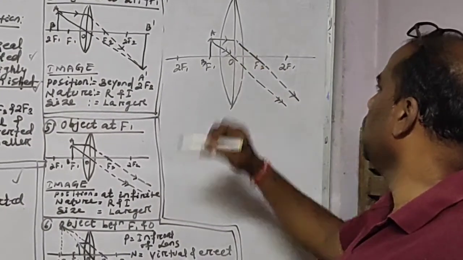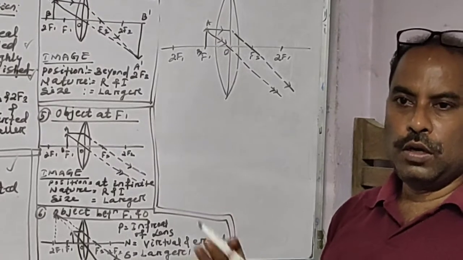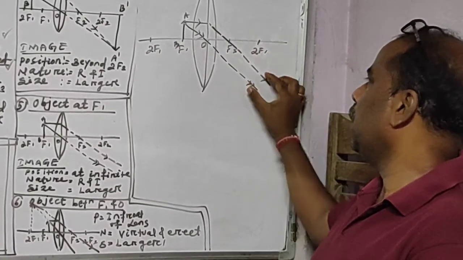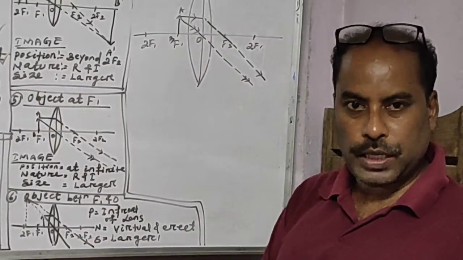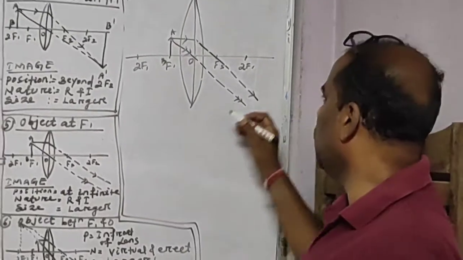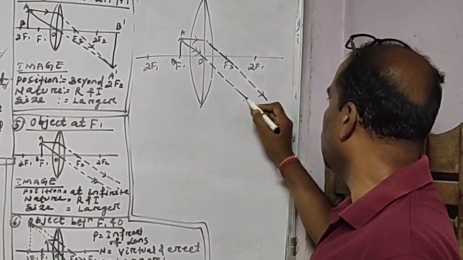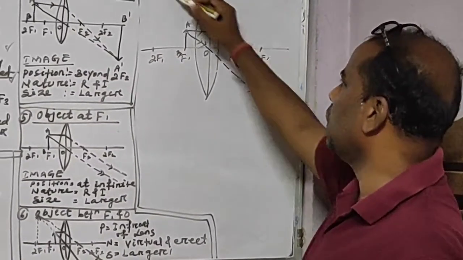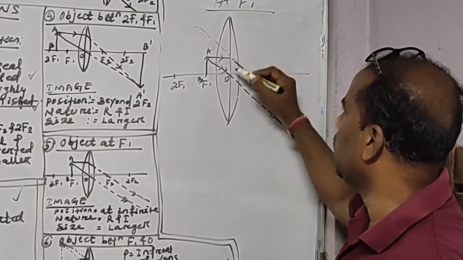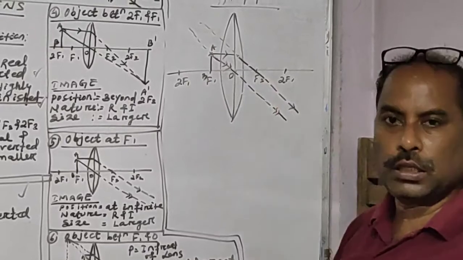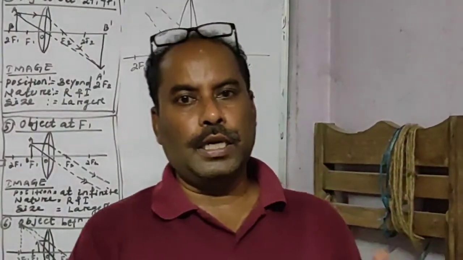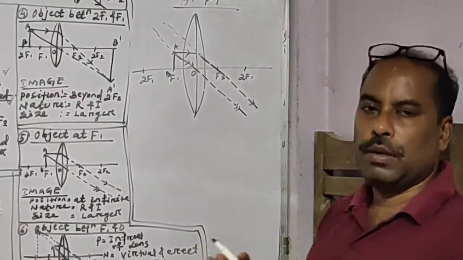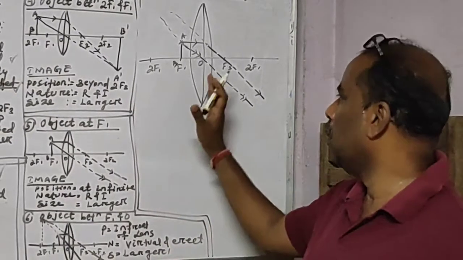This is the second ray. Now you see, if your ray diagram is correct, then these two refracted rays will come parallel to each other. If they are parallel to each other, then they will never intersect, neither this side nor that side, because parallel rays never intersect. So there will be no image formation near the lens.